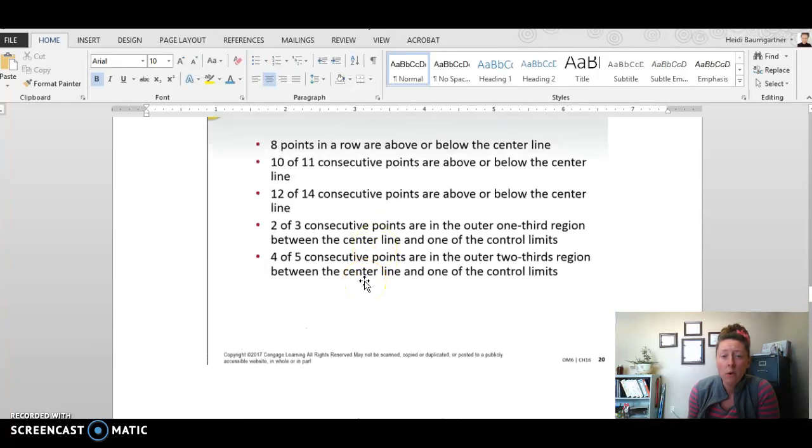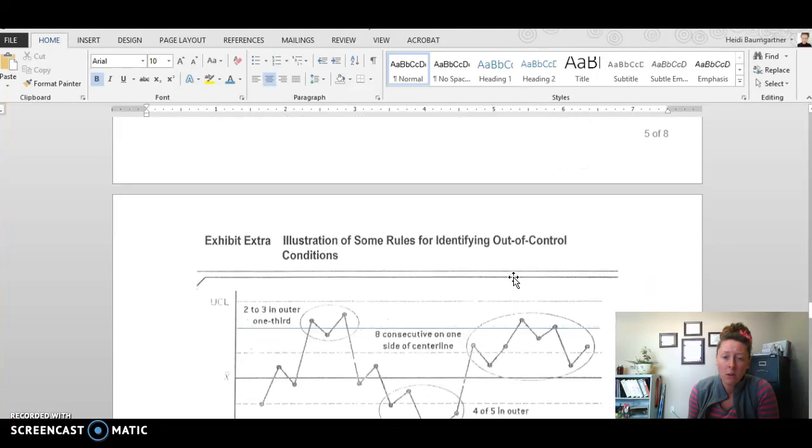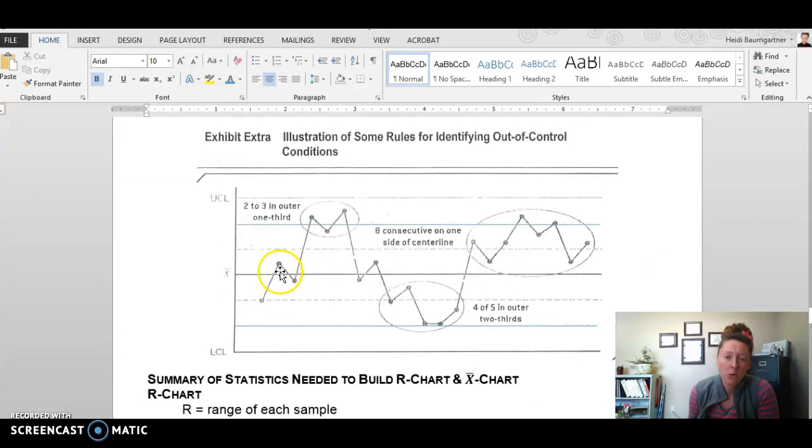Also, if 4 of 5 consecutive points are in the outer 2/3, so the outer 2/3, if 4 of 5, 1, 2, 3, 4, 5, so we've got more than 5 points here that are getting to be out of control, 1, 2, 3, 4, 5, 6.